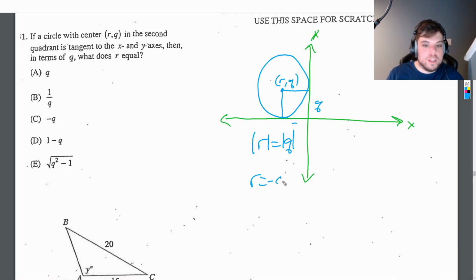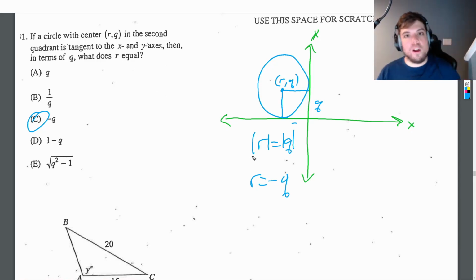So that means R equals negative Q. That's a cool problem. Hopefully it makes sense the way I explained it. If you try to draw it, that's the key. With so many of these problems, just try to draw it.